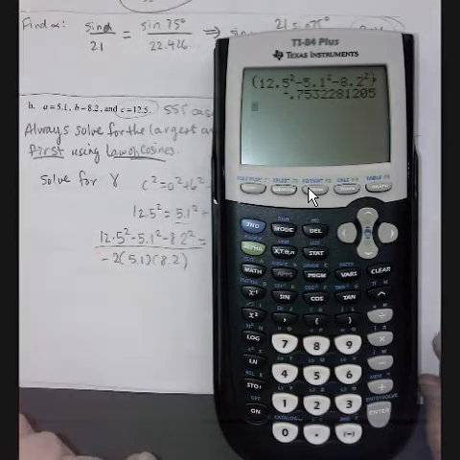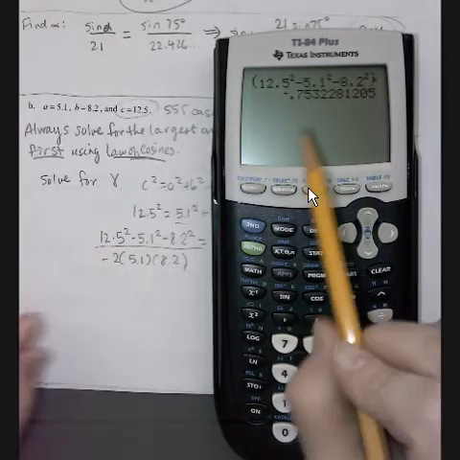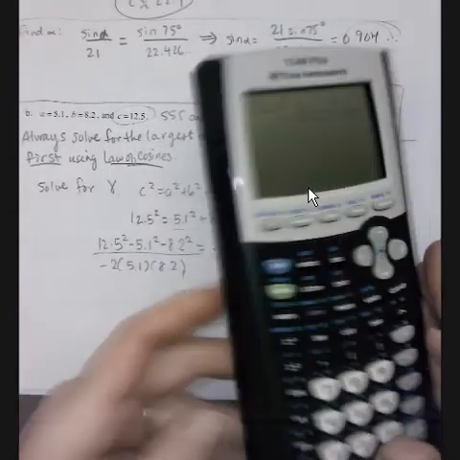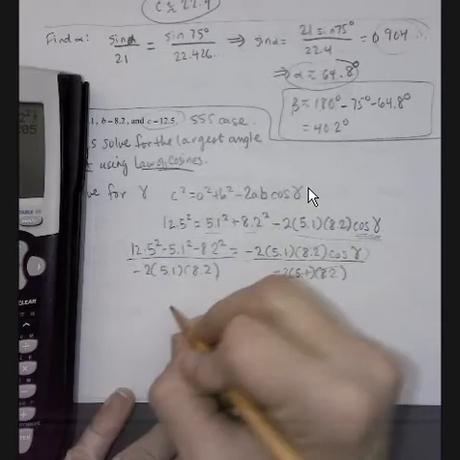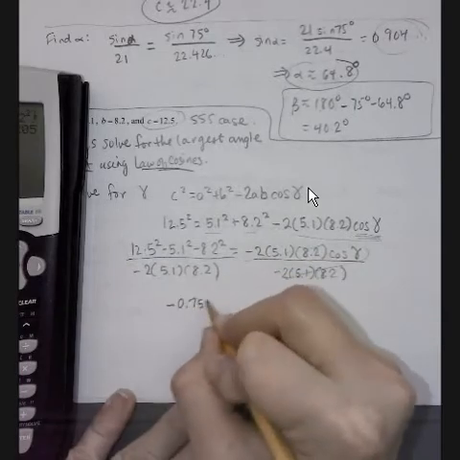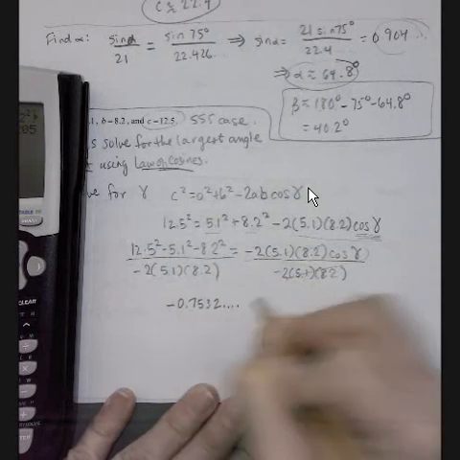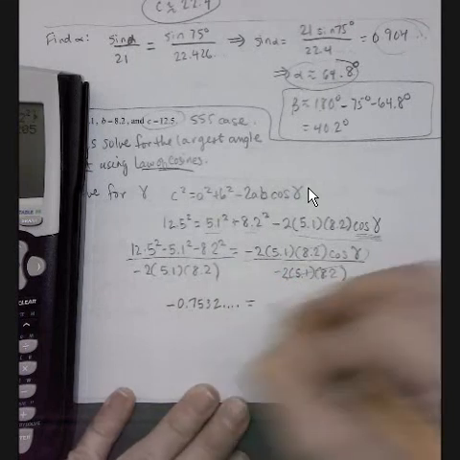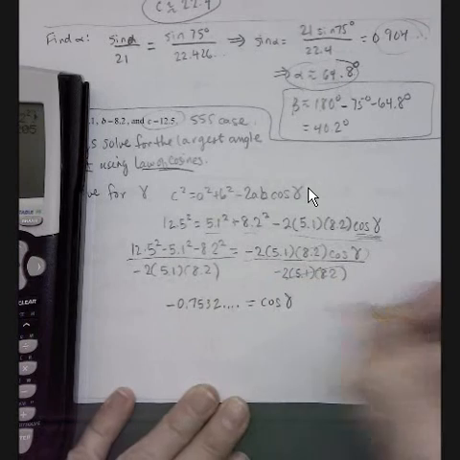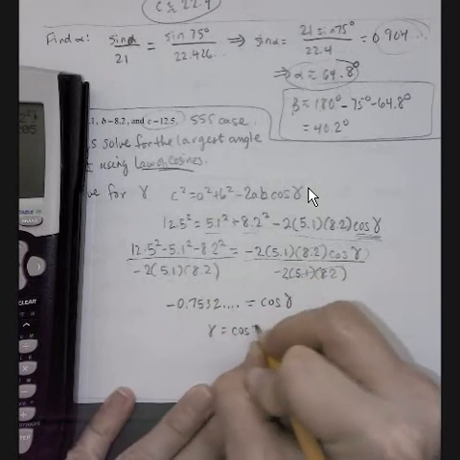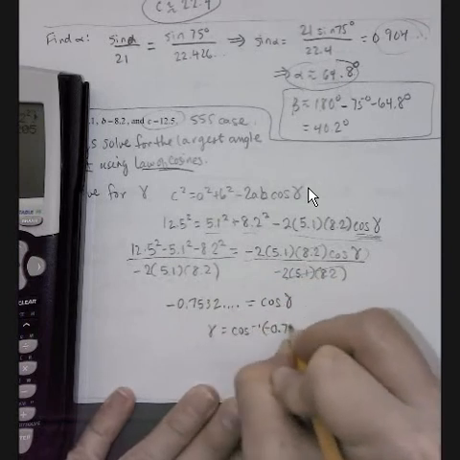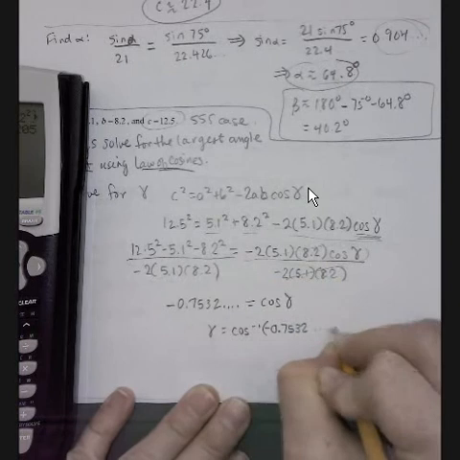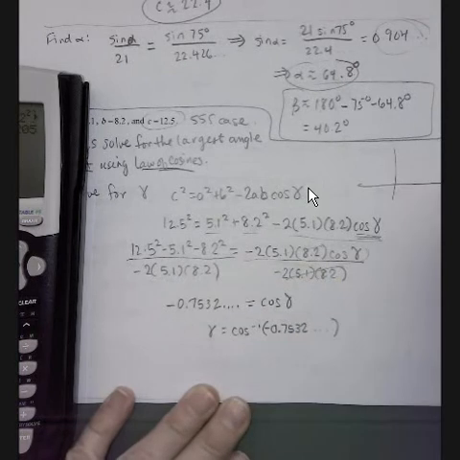See how that's a negative number? I'm just going to use ellipses. I'm not going to write all the decimals. Equals cosine gamma. So gamma is the cosine inverse of that number. If you think about an angle in standard position, cosine is positive in quadrant 1, negative in quadrant 2.